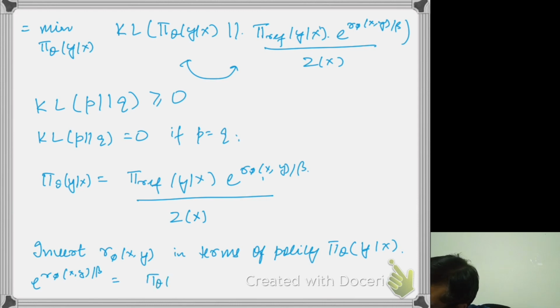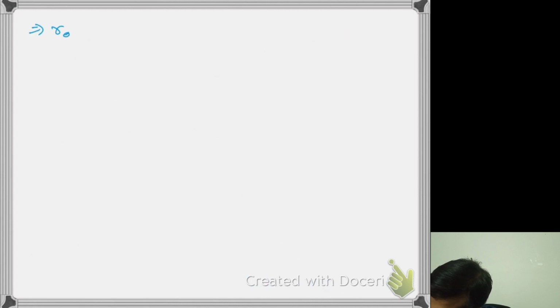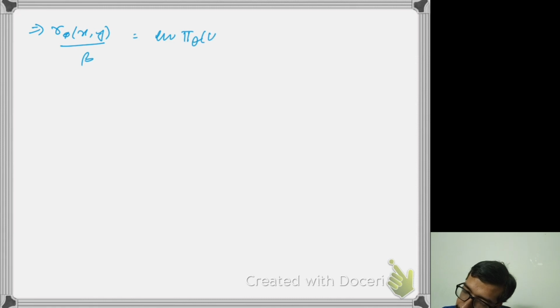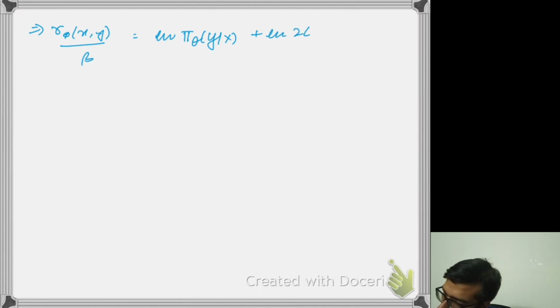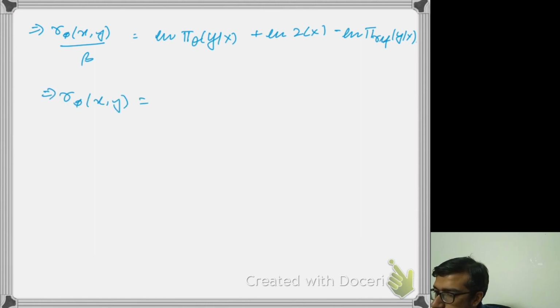So what do we get now? So how do we do that? Well, firstly I take everything to the other side. So what I have is exponential of r phi xy over beta is pi theta y given x times zx over pi ref y given x. Okay. And now I take log on both sides. That will give me r phi xy over beta, which equals log of pi theta y given x, plus log of zx minus log of pi ref y given x.